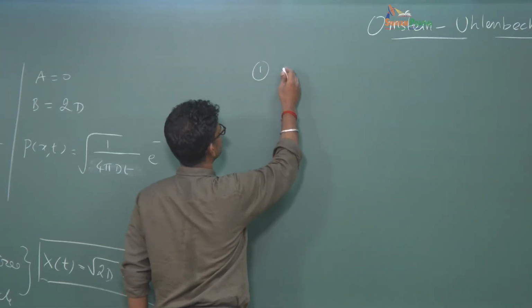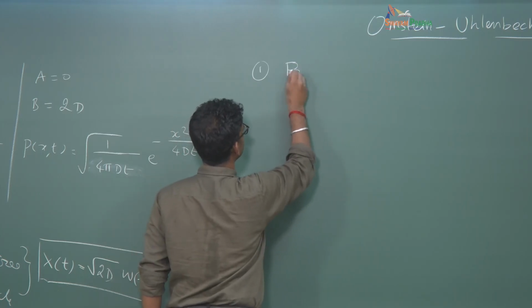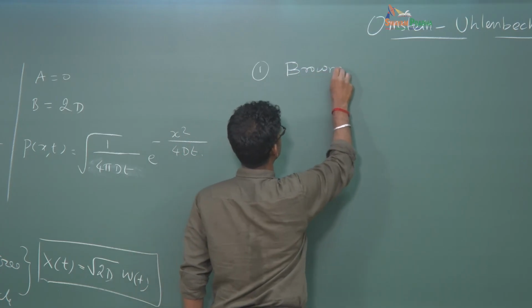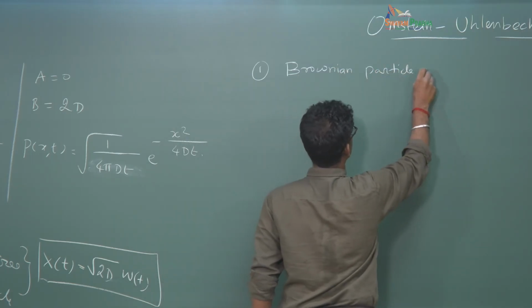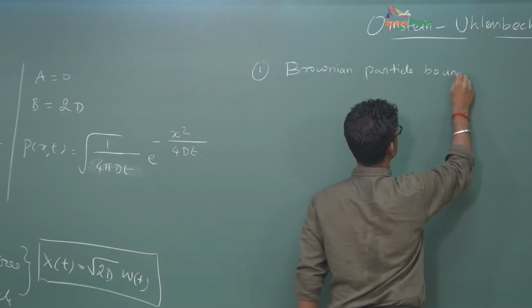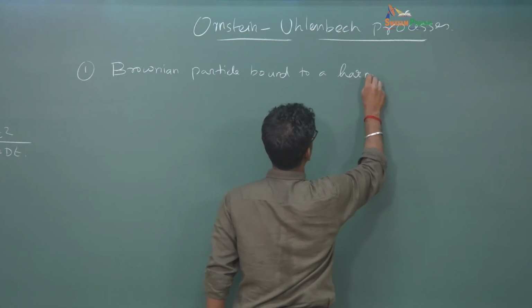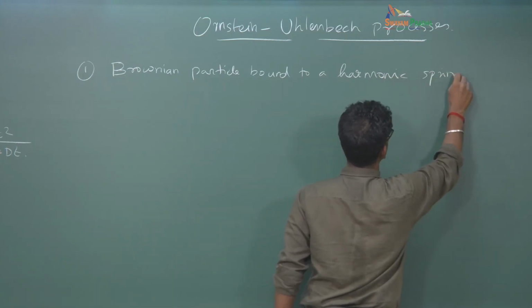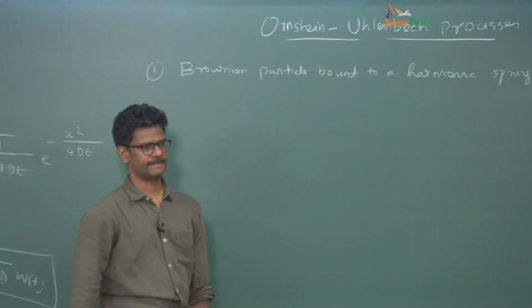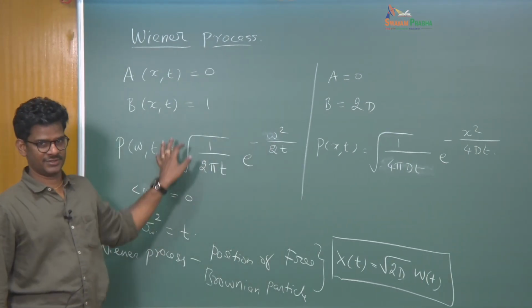One is a Brownian particle bound to a harmonic spring. This is for a Brownian particle, this for a free Brownian particle position.